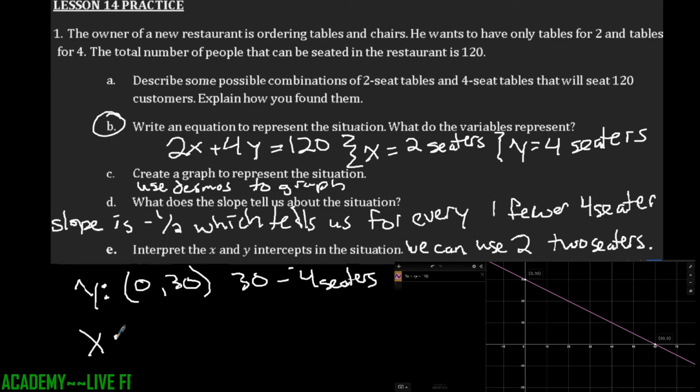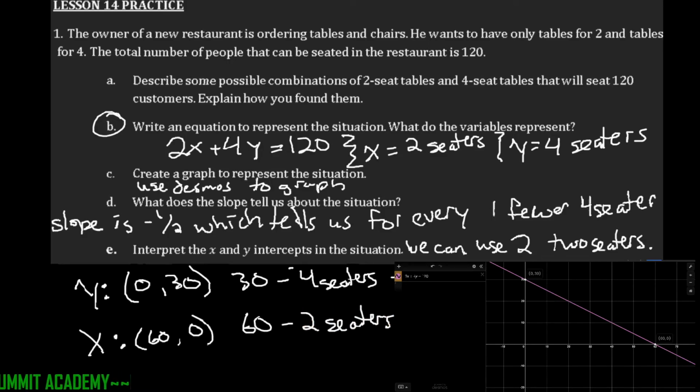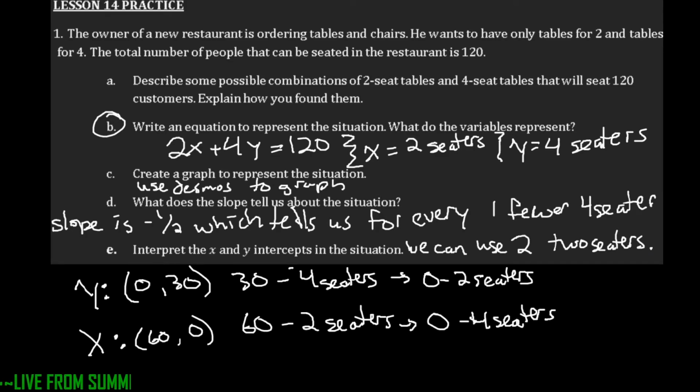And for x, our x-intercept is (60, 0), and that means 0 4-seaters, and we can say this is 60 2-seaters when we have 0 4-seaters. So you can be able to see the situation for yourself. So let me unhide this one so that way you can see what I'm writing. And feel free to pause, rewind, replay as needed.